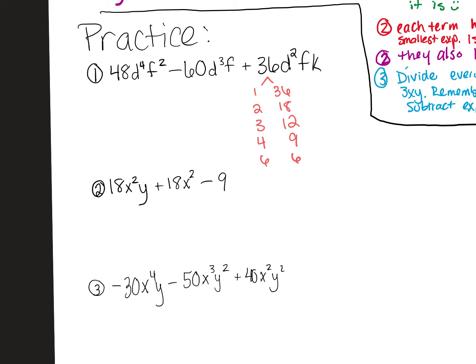So, 60 and 48 are not divisible by 36. They're also not divisible by 18, but they are all divisible by 12. So, I'm going to pull out 12 as my greatest common factor.